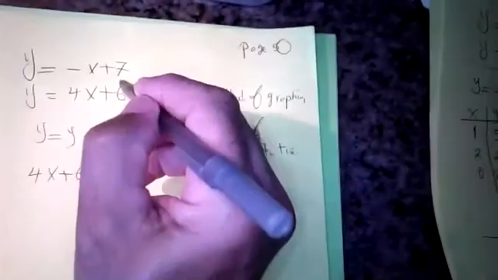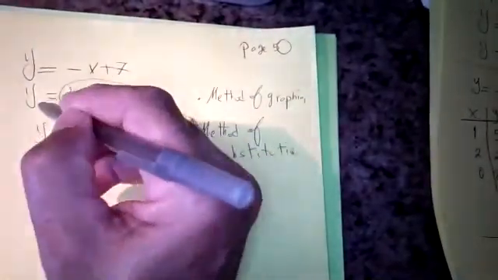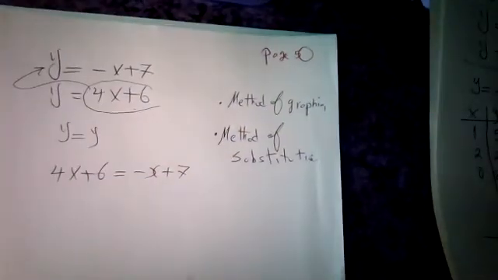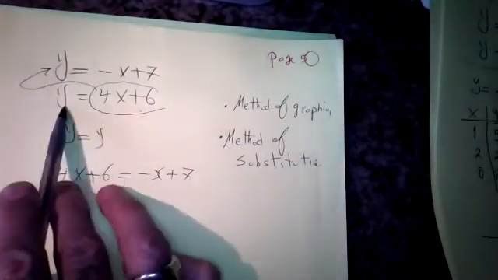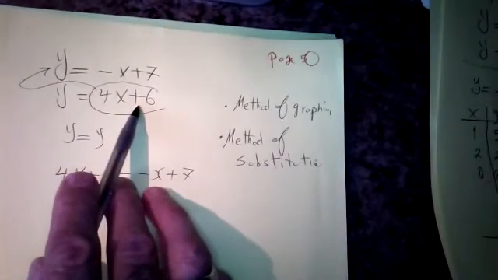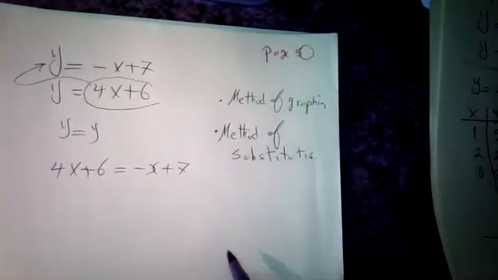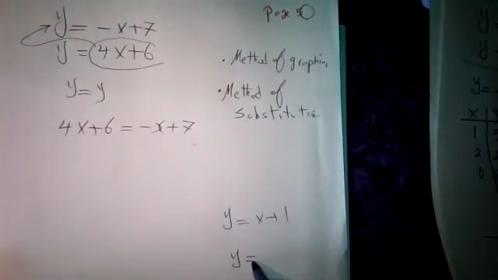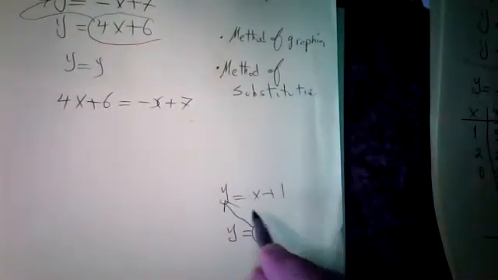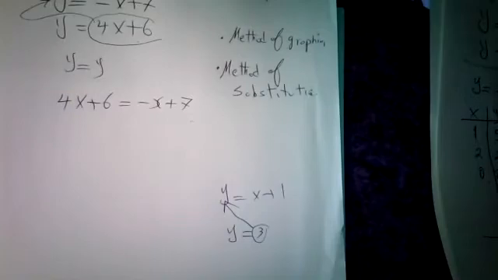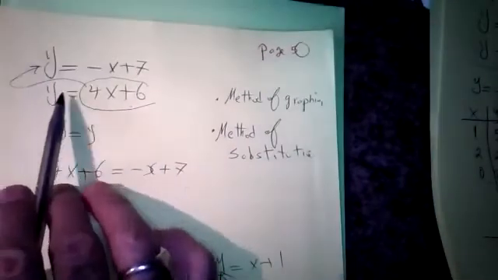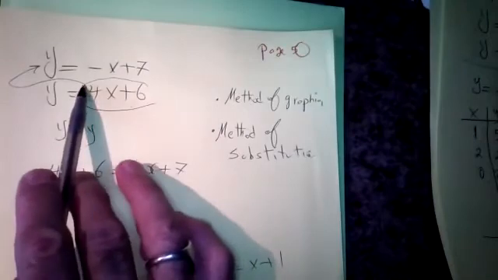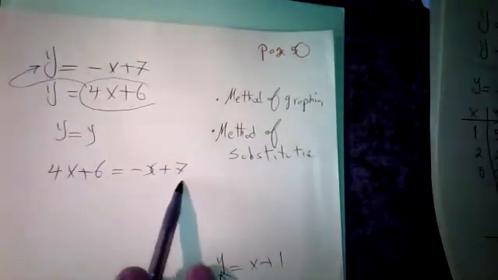Basically you take this and put it for the y at the top, because y is equal to that. It's like, what if you have y equal x plus 1, and I tell you y is equal to 3? How would you solve this? Don't you take this 3 and substitute here to find the x? Same thing. In the second equation, y is equal to this. You take this y and substitute there. This is the method of substitution.